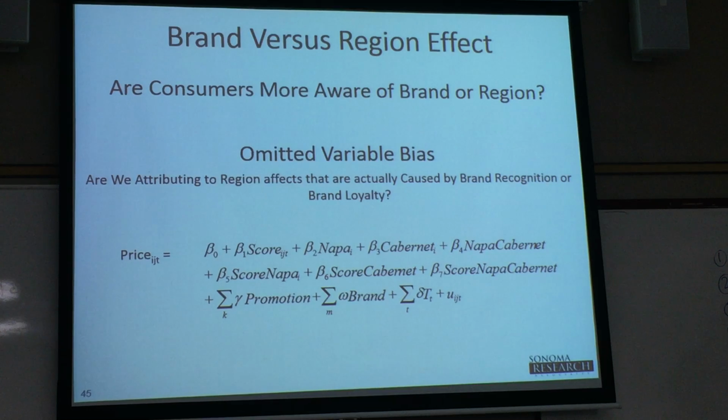There are 100 and some odd different brands in the data set, so we're going to need that many, one fewer dummies. The rule is one fewer dummy than you have categories. So if we have 110 brands, we need to put in 109 dummies. We'll have to generate those.